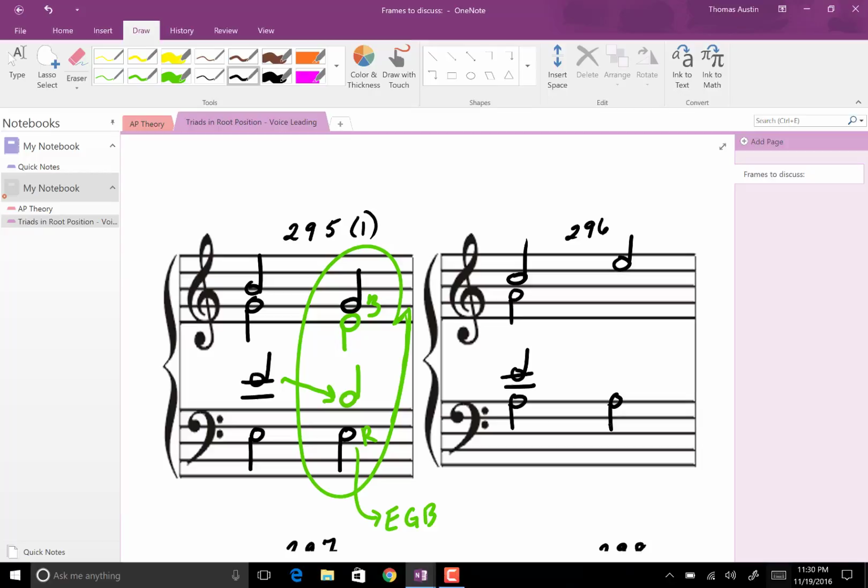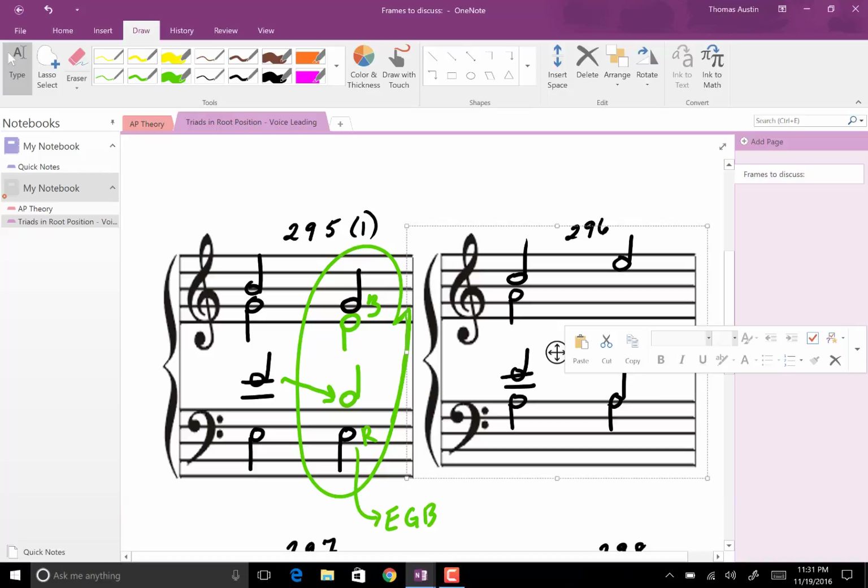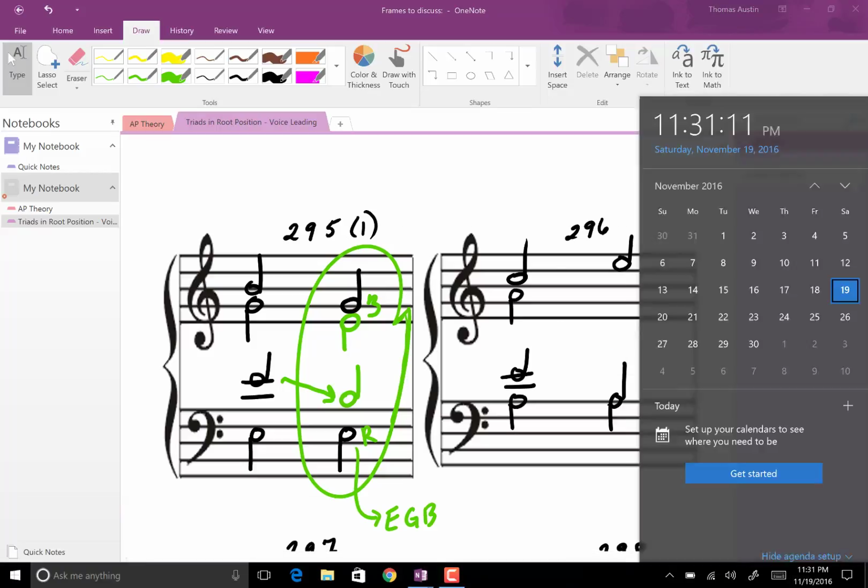I'm going to show you now what somebody did, and we can figure out if it's right or what needs to be fixed. So we chose to double the root with the tenor, so they're both singing this A, and then we would just need to add in the C.